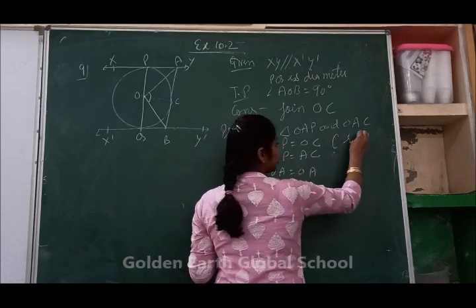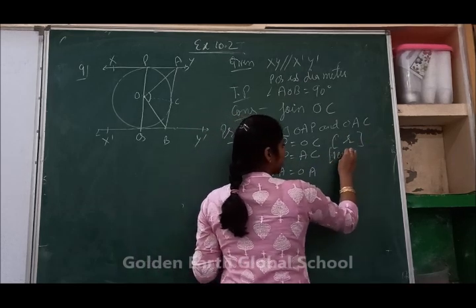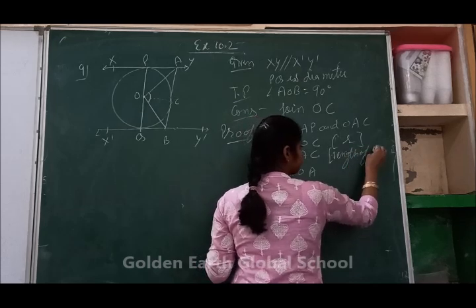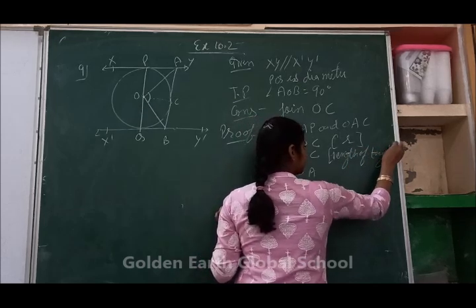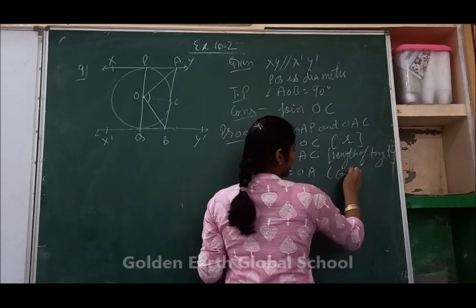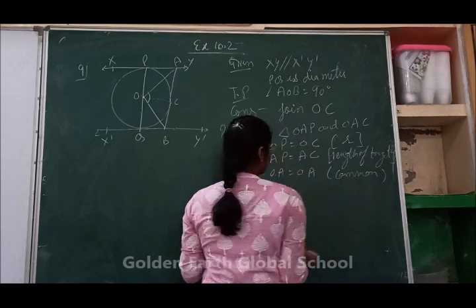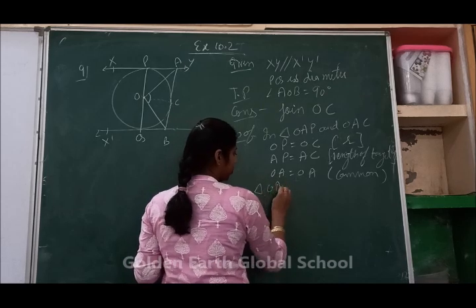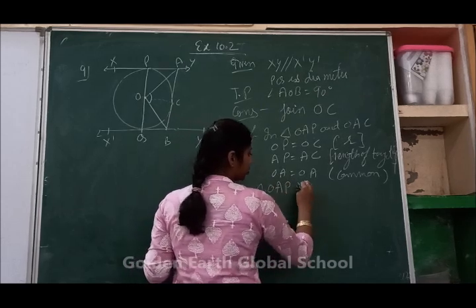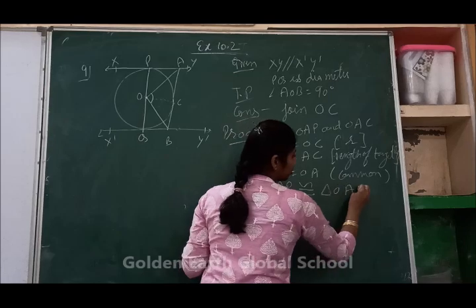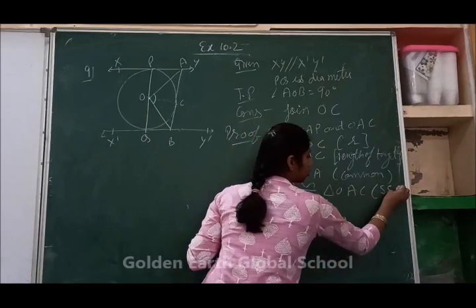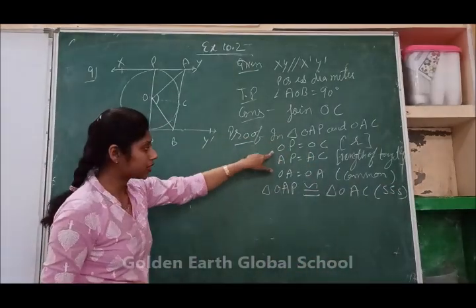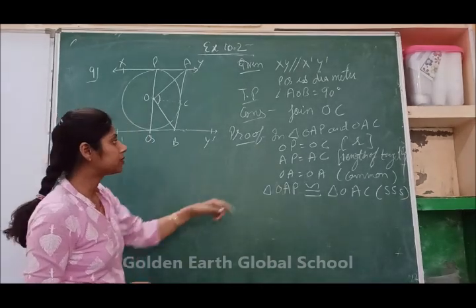This is radius, this is length of tangent, and this is common line. So both the triangles are congruent. OAP is congruent to OAC. Which rule? SSS, because we are considering all the three sides.